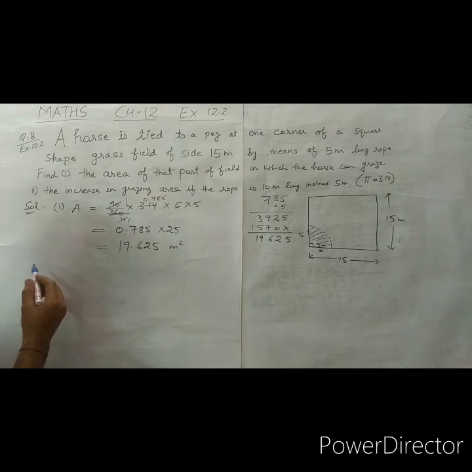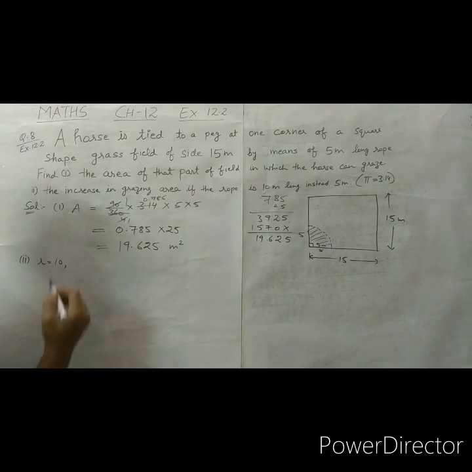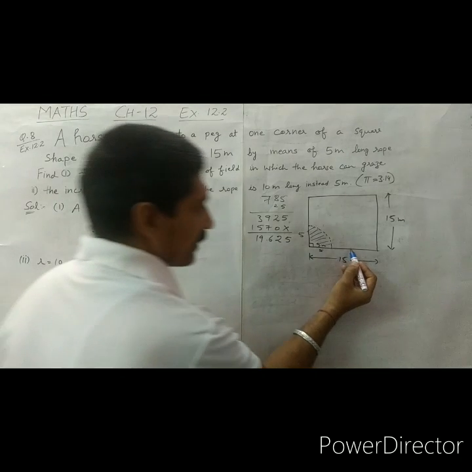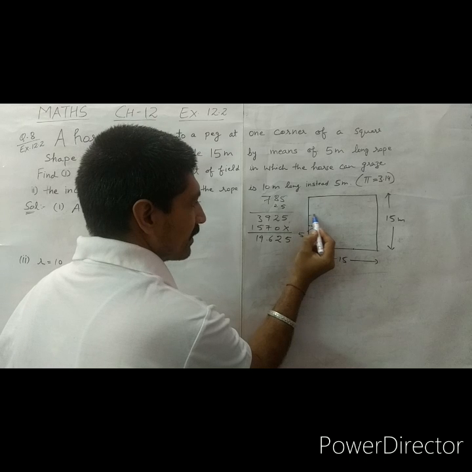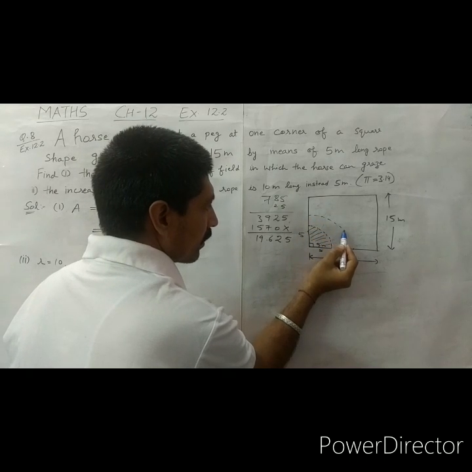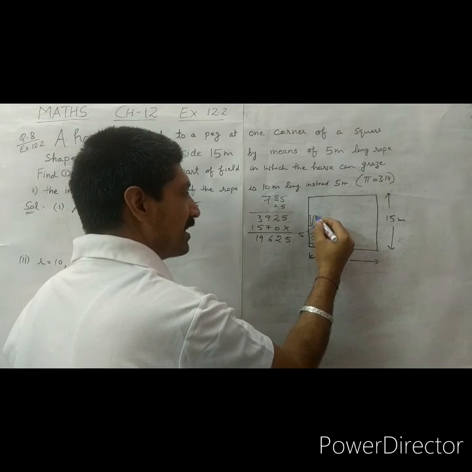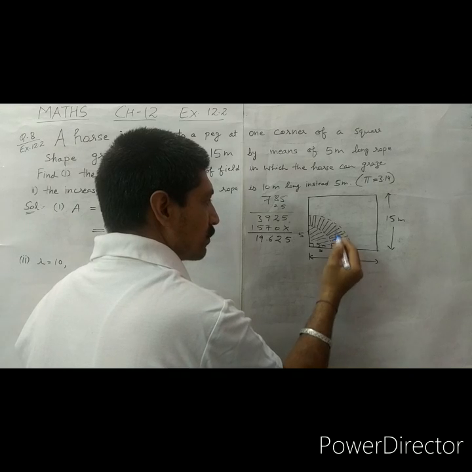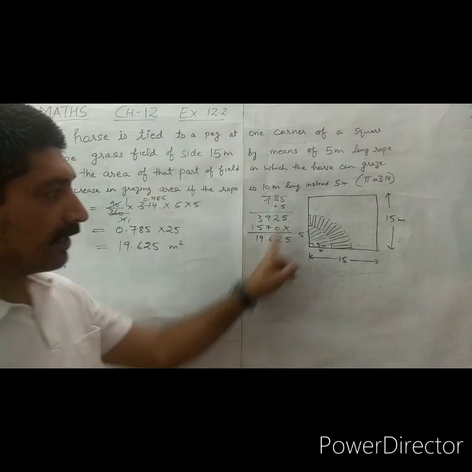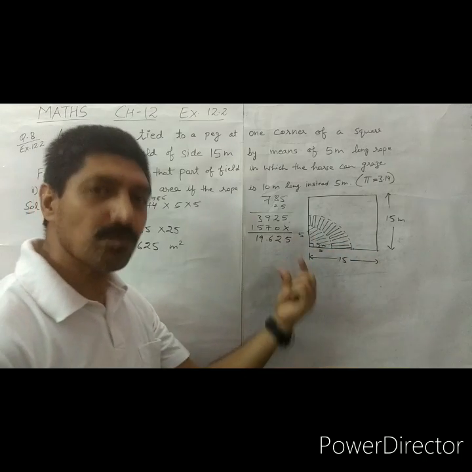Now the second part. Now if the radius, instead of 5, radius is 10. If the rope length is increased, then the question is: how much increase in grazing area? So we have to find the difference of these two quadrants, bigger quadrant minus the smaller quadrant.